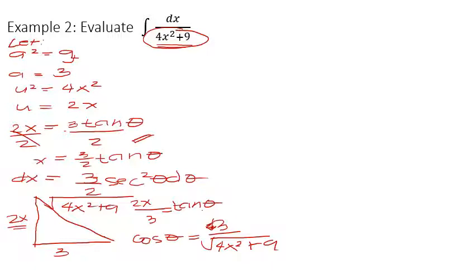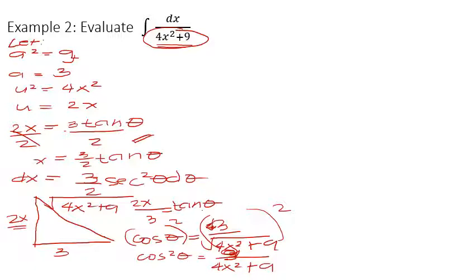So, if you try to square both sides, this is equal to cosine squared theta, and this is equal to 9 all over 4x squared plus 9.